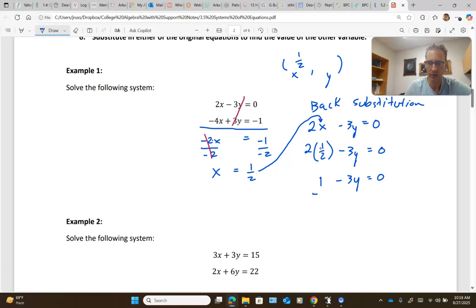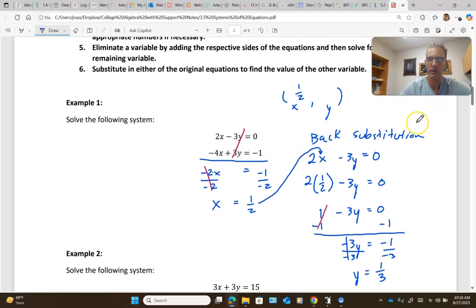So I'm going to subtract 1 from both sides of the equation. We'll have 1 minus 1, that's 0. And we'll be left with negative 3y is equal to negative 1. And then, again, we're going to divide both sides by negative 3. And we'll end up with y is equal to, again, this is going to stay a fraction, and it's going to become a positive 1/3. And so that'll be our value for y.